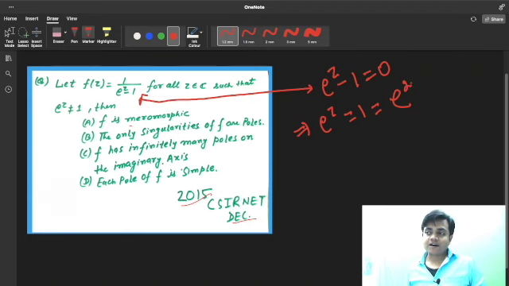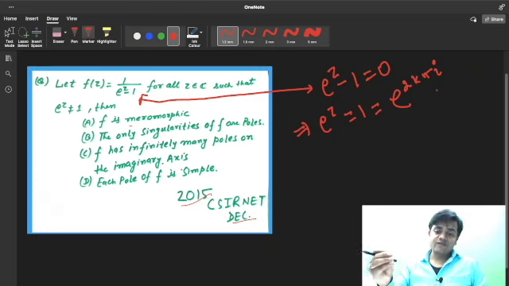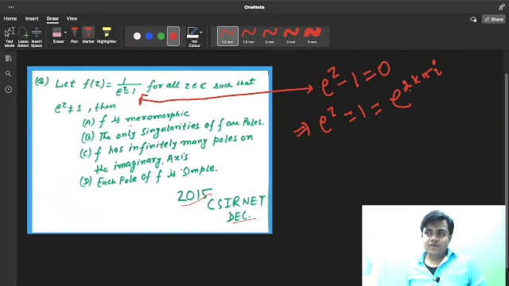Certainly e to the power 2k pi iota, because this will give you cos 2k pi plus iota sine 2k pi. And sine 2k pi will give you 0, cos 2k pi will give you 1 for any integer k.